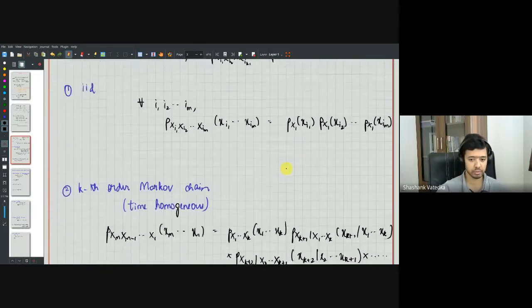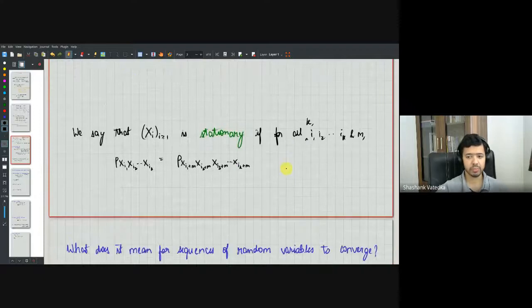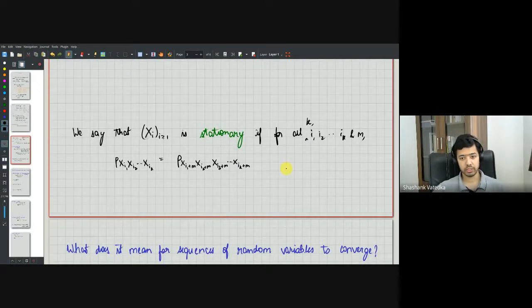Right, but many of these statements can be generalized to more general, what are called stationary sequences of random variables. We say that a sequence of random variables is stationary if you look at any locations i1, i2 up to ik, then the distribution of x_i1, x_i2 up to x_ik is the same as those locations shifted somewhere in the past or the future.